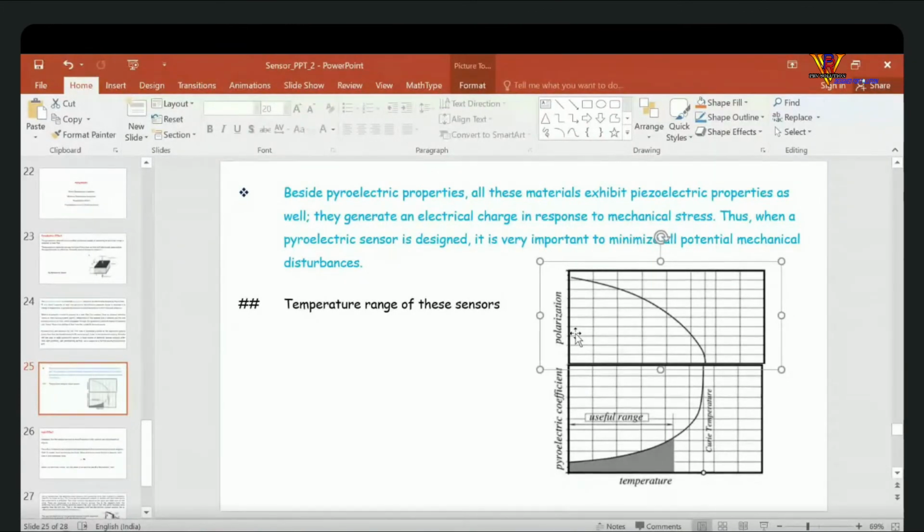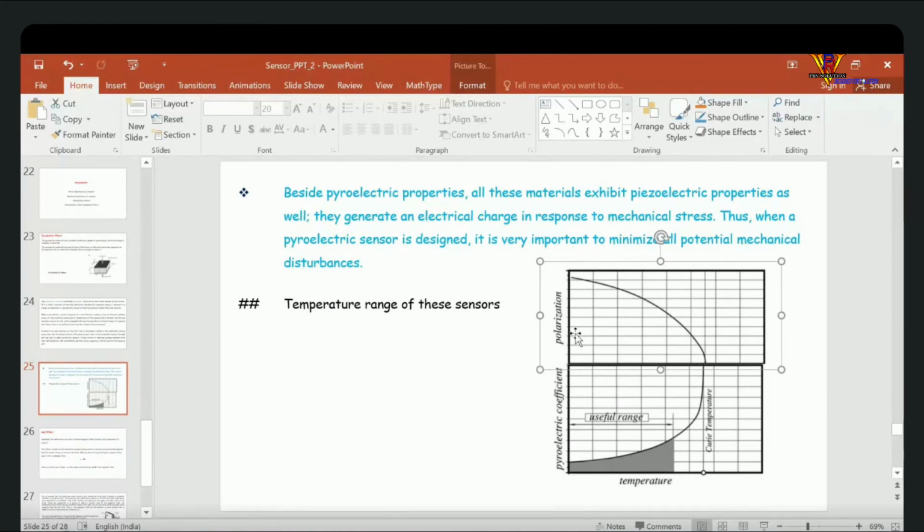Then what we will see is the electric charge reaches its peak value almost instantaneously, just after the step heat is applied to the material. After that, it remains constant but decays slowly, and further it may go to zero.